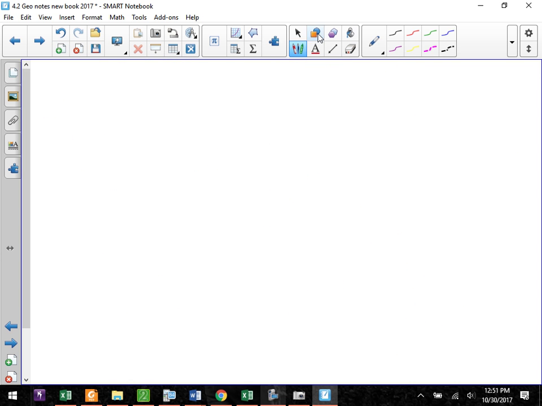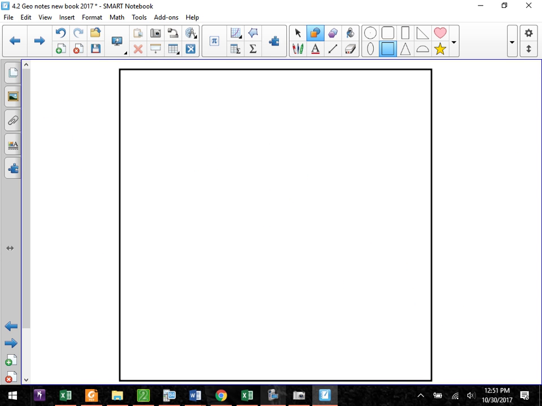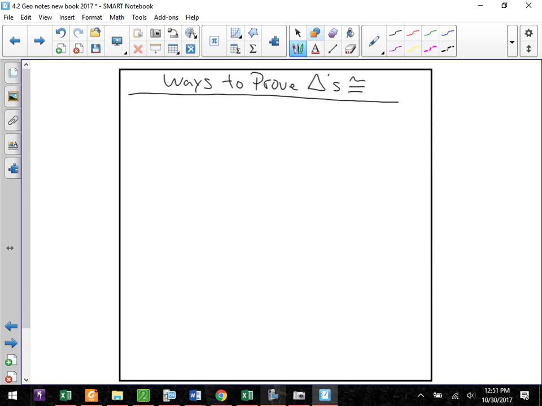In my bottom right-hand corner, I'm going to write out ways to prove triangles congruent. What I want you to do is realize that you're going to write out 5 different things, so you want to save yourself a little bit of space. Okay? Here's what I mean. I would write down that I know that I can show side, side, side. And what does that look like in a diagram? Well, it looks like this.